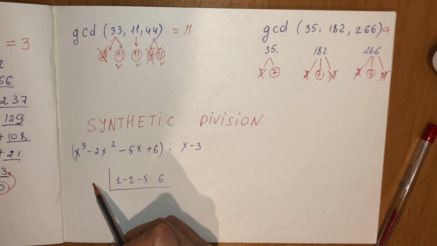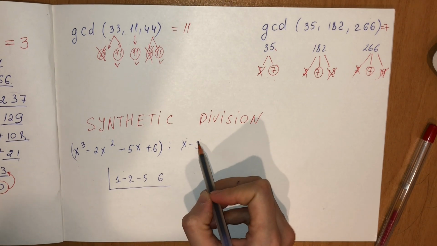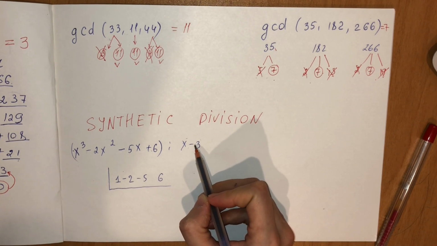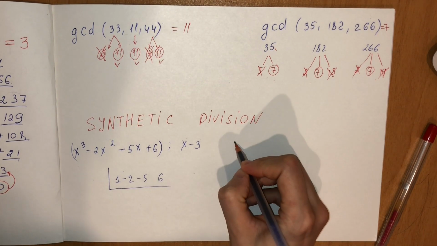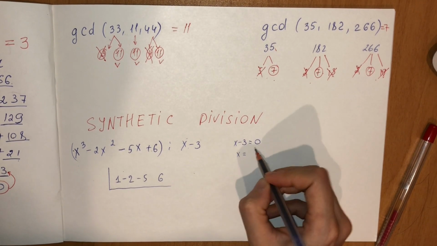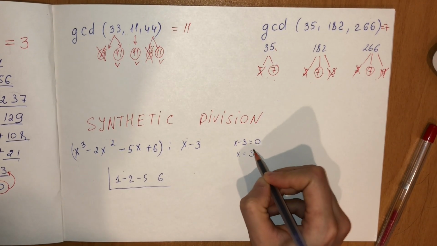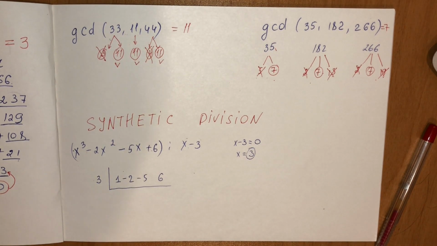What we should write down here is the zero of the denominator. What does it mean? It means that x minus 3 is equal to 0, so x is equal to 3. We should write down 3 here.